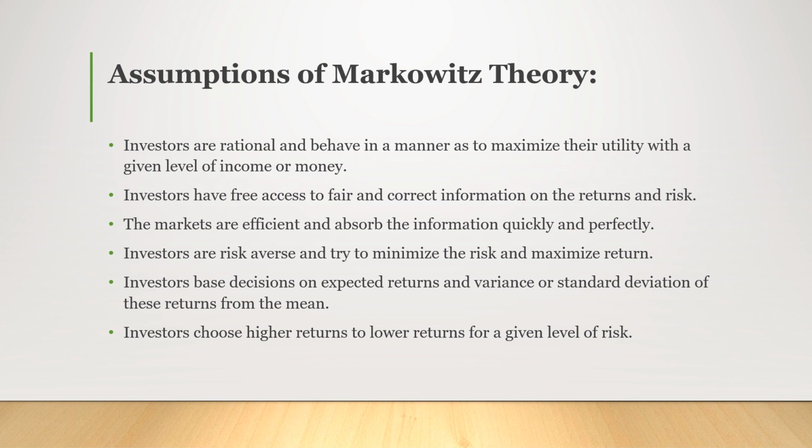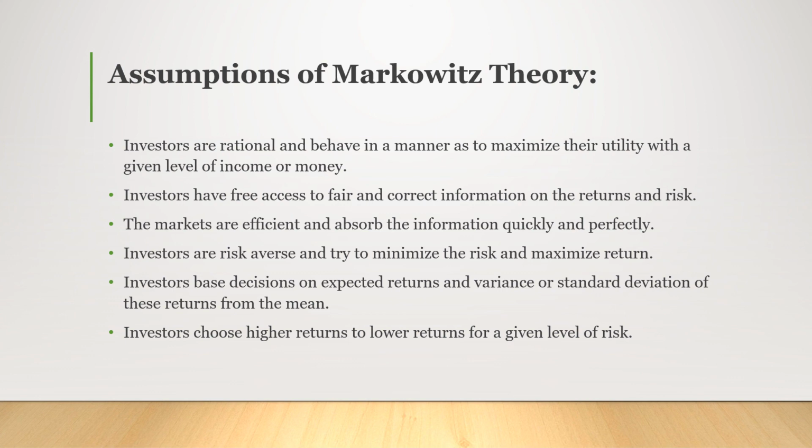Next, investors choose higher returns to lower returns for a given level of risk. So this is very important here. He wants to choose higher returns instead of taking lower returns. For any given level of risk, he wants to take the maximum. Even if it is 0% risk, he will be thinking about the maximum returns.